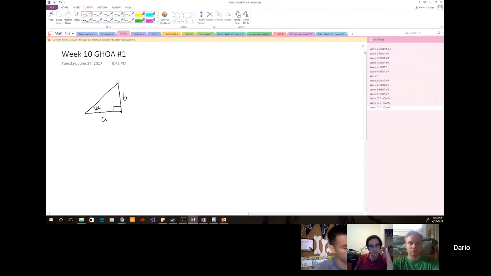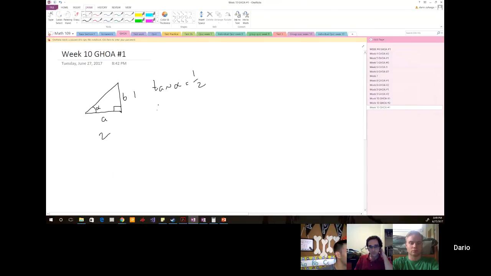Since we don't have alpha, we need to find the tangent, the cosine, or the sine. Let's just say a is 2 and b is 1. Tangent of alpha is b over a, so 1 over 2.